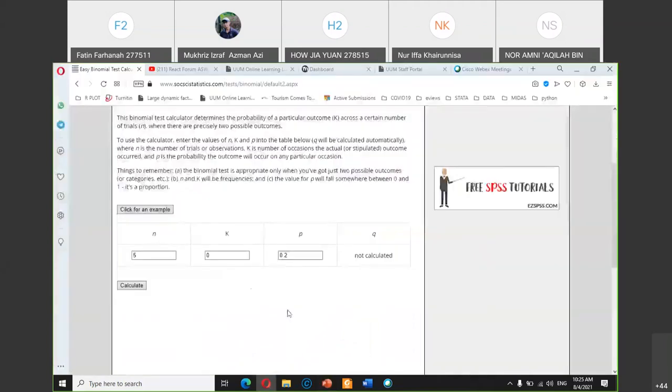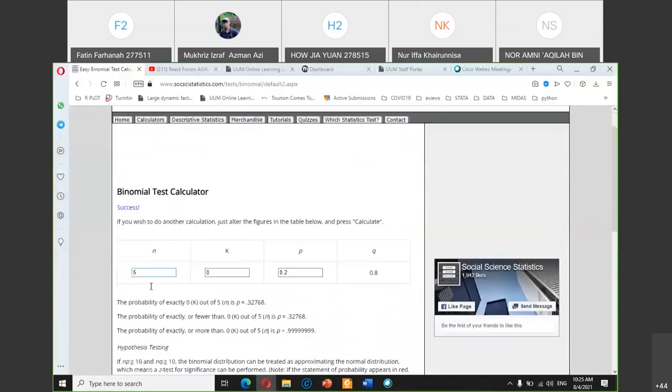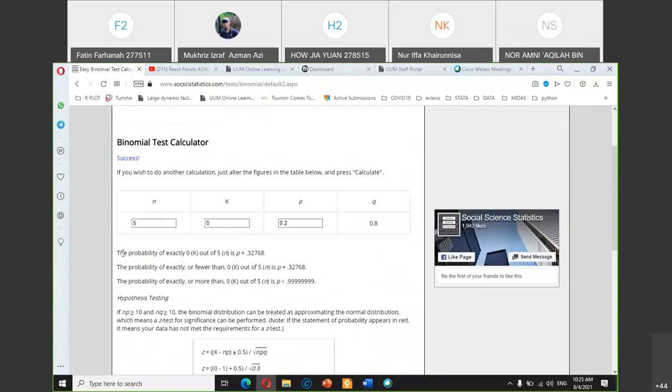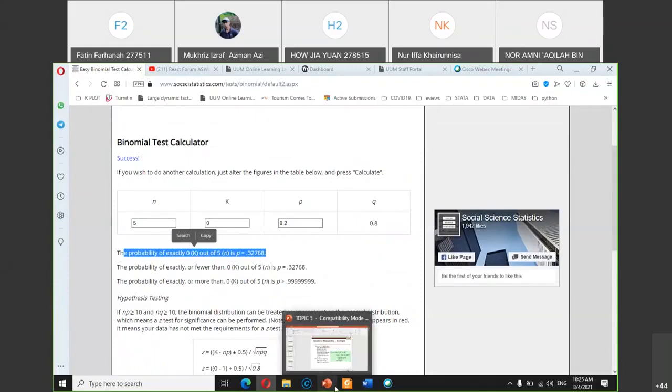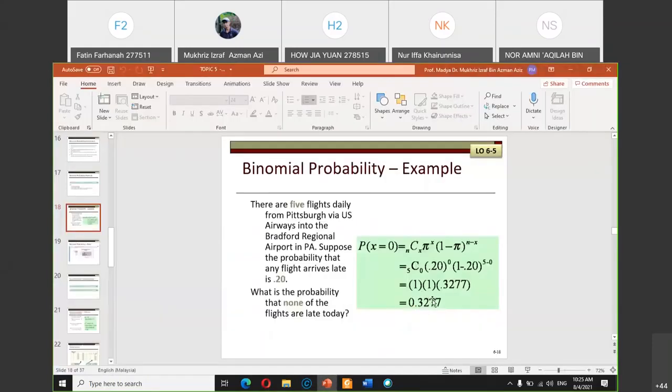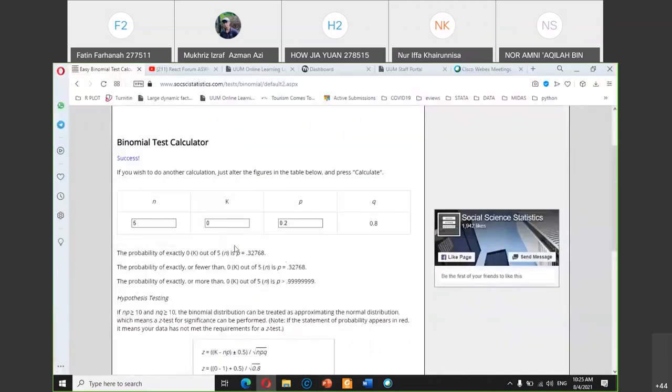You just calculate, and the probability of exactly 0 will be 0.32768, which is the same as here, 0.3277. Of course, when you calculate manually, it will not be exactly the same as when you key in from the computer, but this is almost 99% the same. So that's how you can solve it.